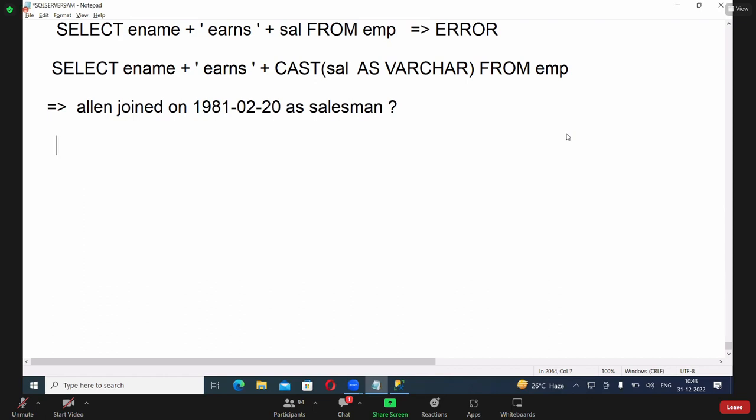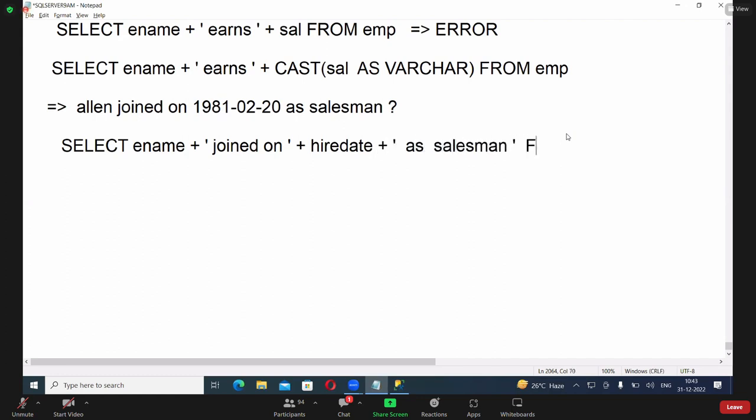Same thing: select ename plus joined on plus hiredate plus as salesman. Can I write it like this?